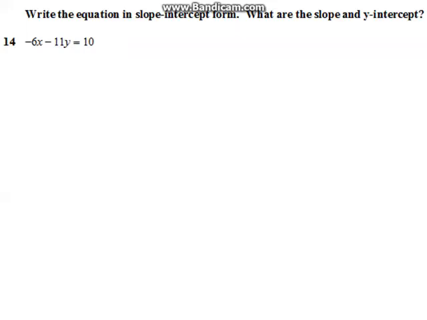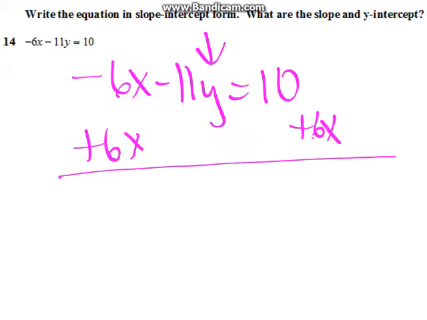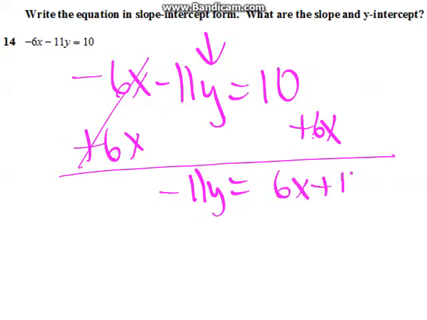So let's start by writing the equation, -6x minus 11y equal 10. And we want to isolate this y on the left side, moving everything else over on the right side of the equal sign. So we're going to start by getting rid of the 6x. So add 6x to each side. And when we do that, this goes to 0. Carry down our -11y equals, and putting them in order, 6x plus 10.